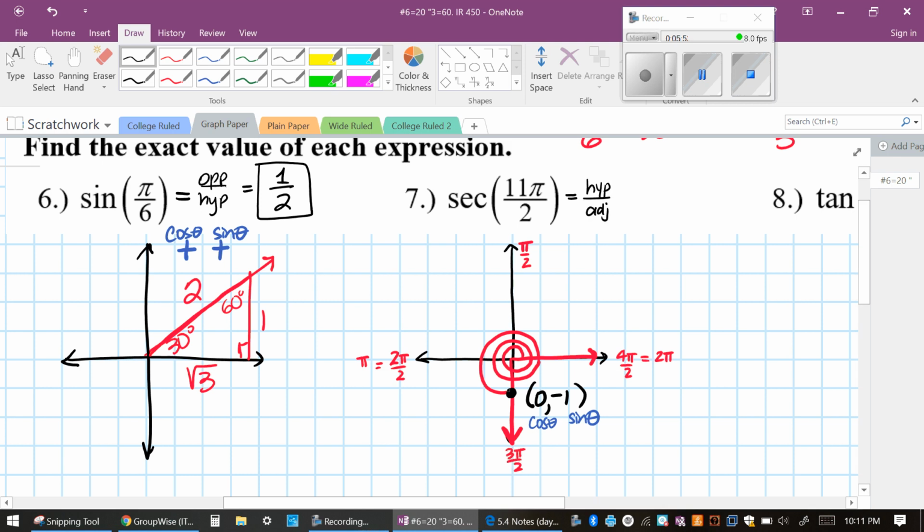However, I can't draw a triangle when my terminal side is on a quadrantal angle. So you just have to use the reciprocal of cosine. So secant is 1 over the cosine of the angle that was given to you. The cosine is the x value, so if you look, the cosine was 0. So I'd have 1 over 0, which is undefined.